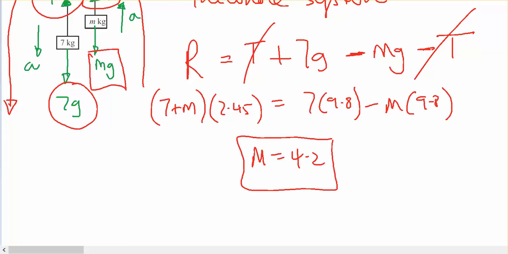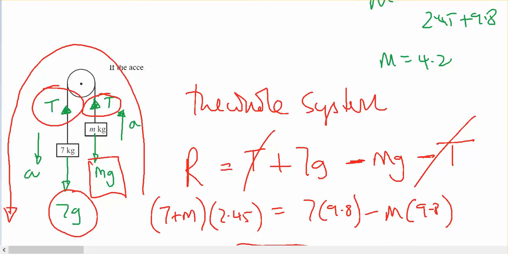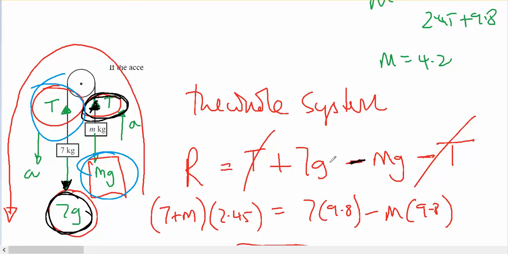So you can treat it as the whole system, where in the direction of travel, all of the forces going in the direction of travel, so that's going to be T and 7g, because this is going in the direction that this mass is traveling, and this is going in the direction that this mass is traveling, minus anything in the opposite direction, which are these two. And you get the same answer.